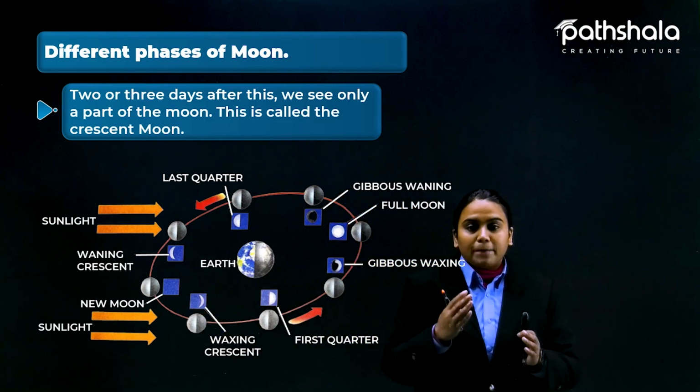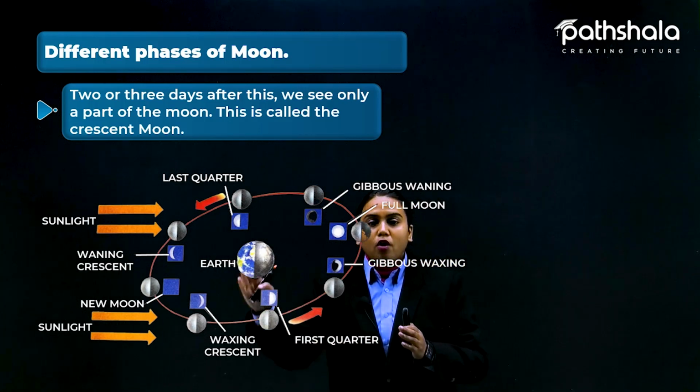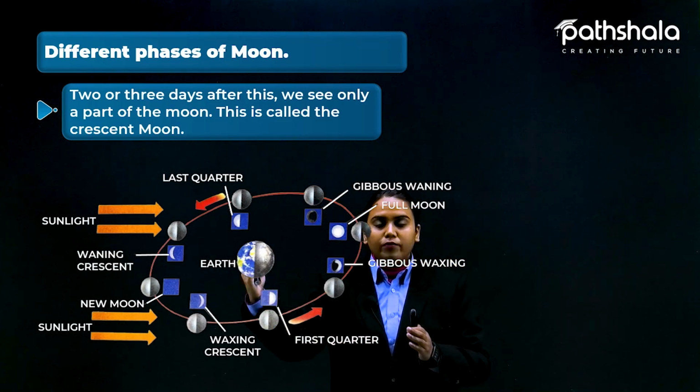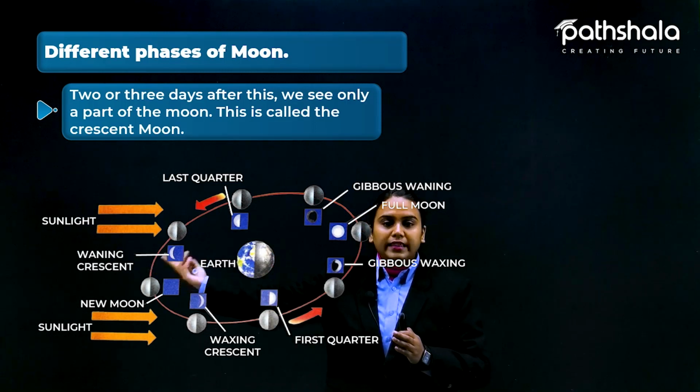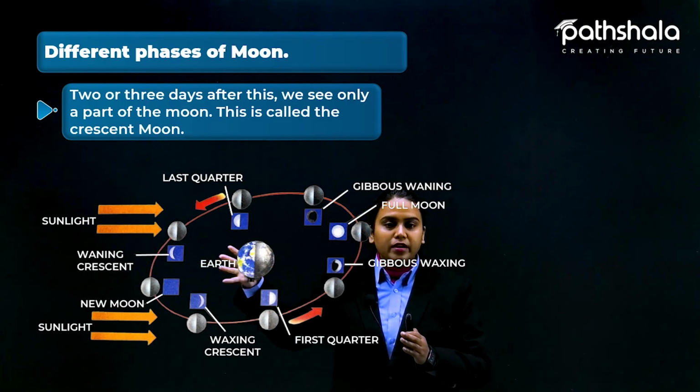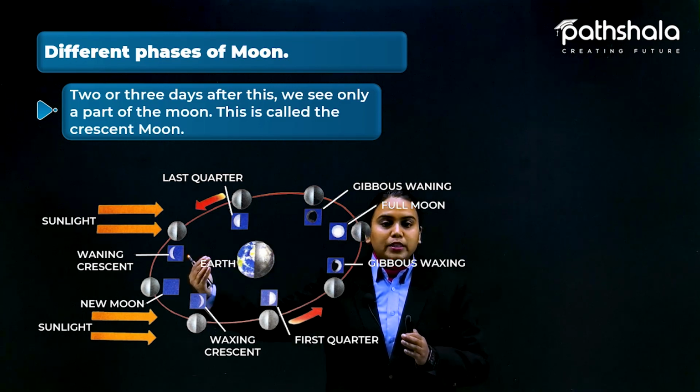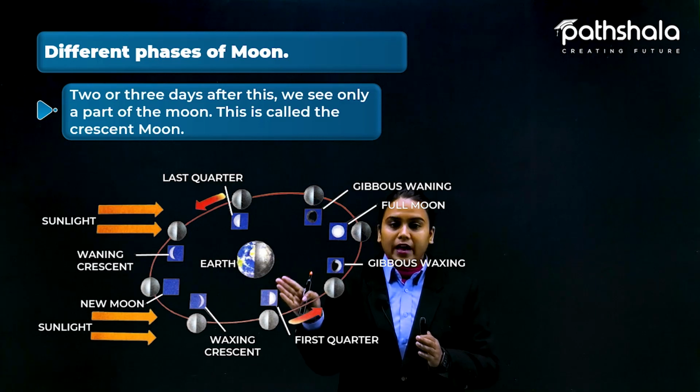The dark part of the Earth right now is this, because sunlight is coming here. This part of the Earth is having day and this part is having night.